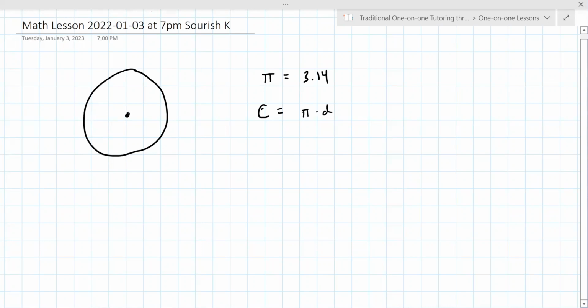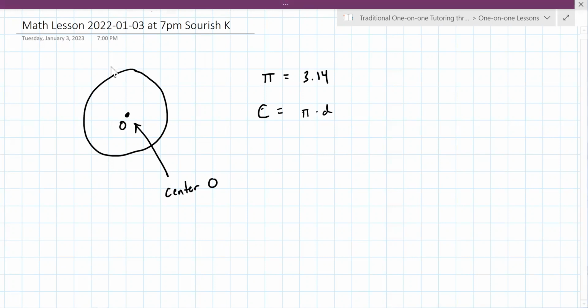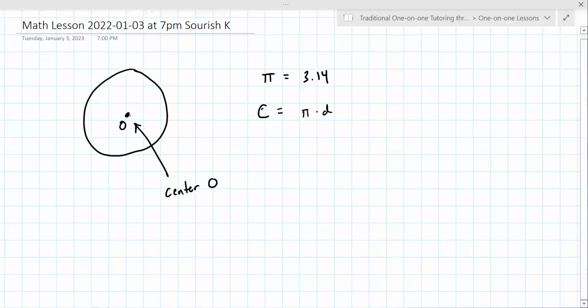The circle has a center, and the center is usually defined with a letter. So you might say the center O. That's a common one that they'll use. Now a circle has what's called a radius, and we'll label it R here.